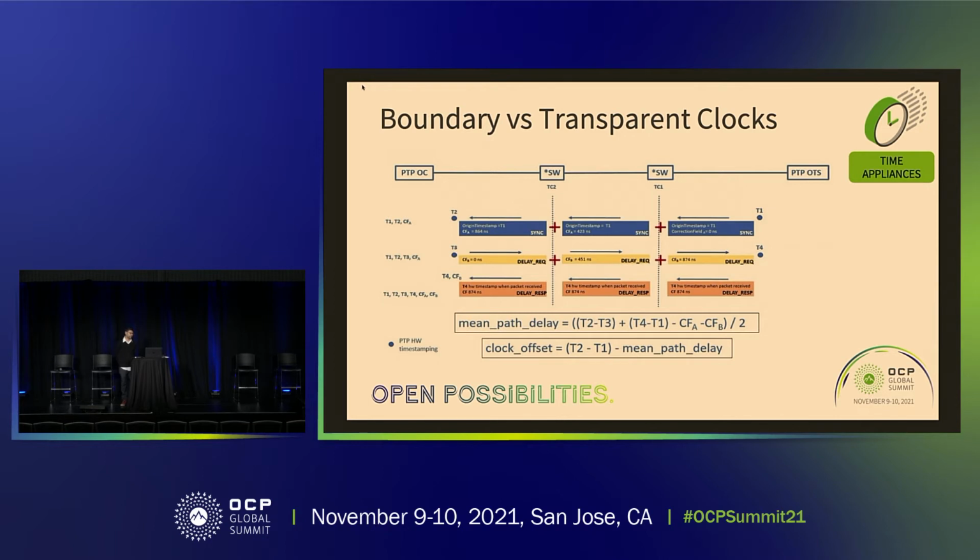That offset is set into the packet and transferred over to the OC, and of course the OC would return the packets, the delay request and response transaction would happen, and because of this transaction we are able to calculate the clock offset, and the ordinary clock can tune the time very close to the GTS. The advantage, obviously, is that we are able to take care of the residence time spent on each node.